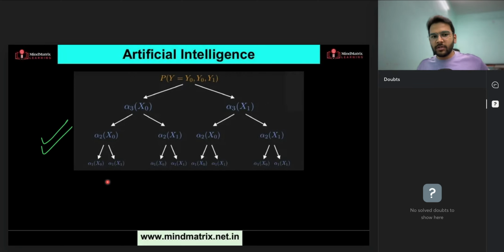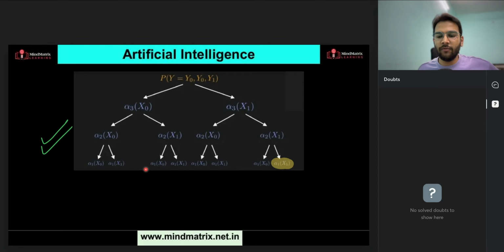But now if you carefully observe, can you see some overlapping substructure? You will definitely find it. Carefully see this alpha 1 of x0, alpha 1 of x0, can you see it in multiple places? That means if I compute it once, I can reuse it at other places. Similarly, alpha 1 of x1, alpha 1 of x1, these are also overlapping substructure. Calculate once and then reuse at every place.